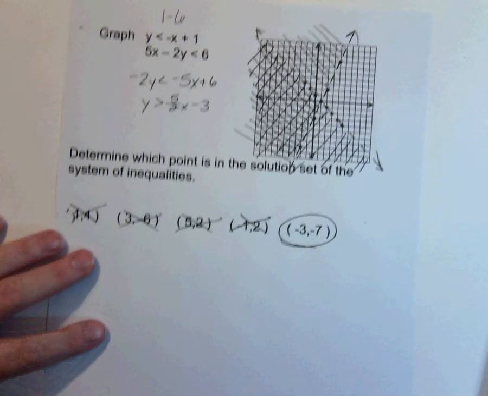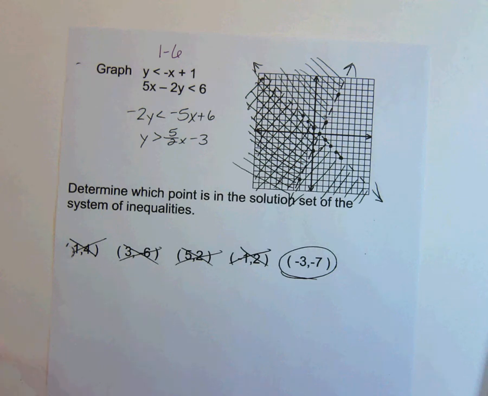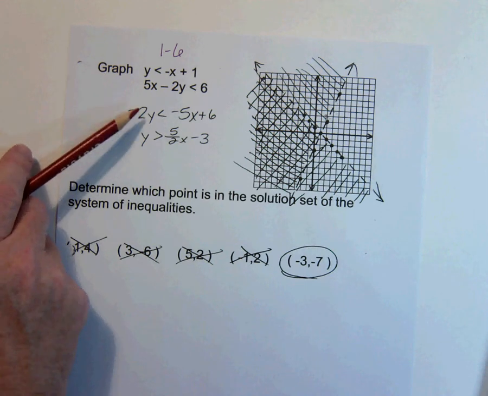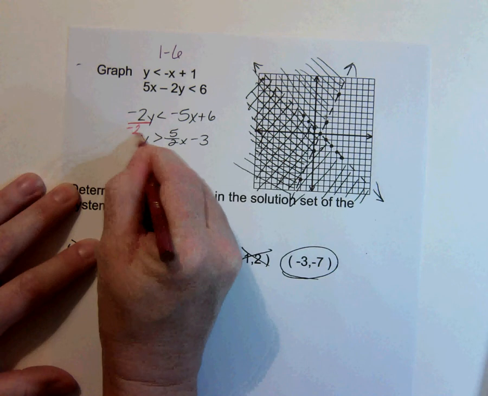Okay, one more problem. Looking at this one, you have a graph that the first one is in y-intercept form, but the second one is not. So you'll see that the first one is graphed without writing anything, but this one right here had to be rearranged. Be careful. Here you had to divide by a -2.